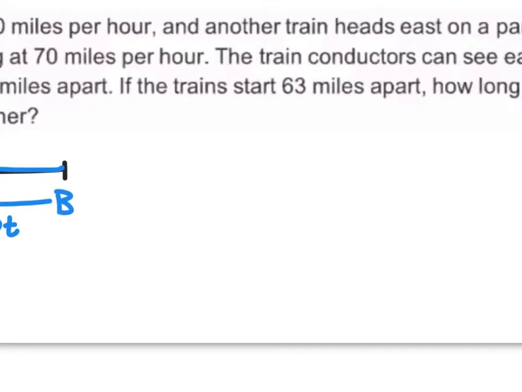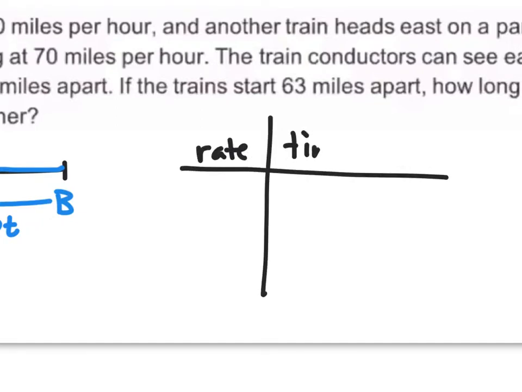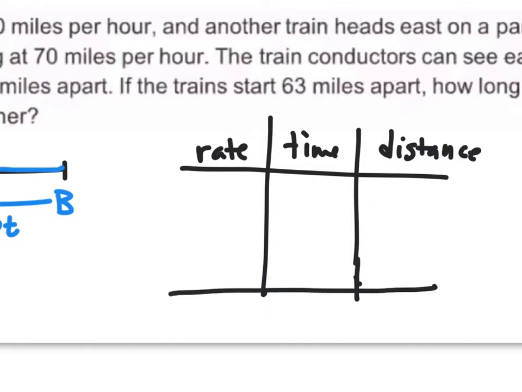Let's make a table. I'm going to make a column for the rate, and then the time, and then the distance.